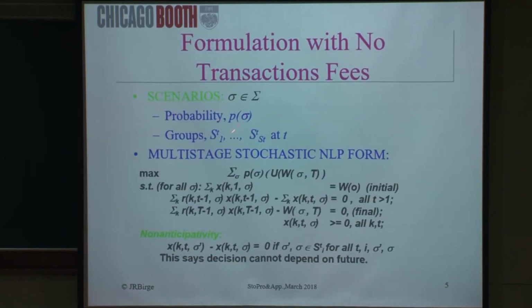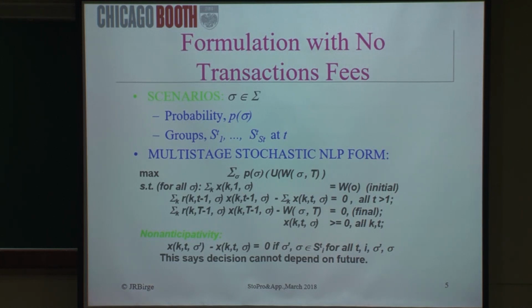I'll say each of these is a different scenario, and I'm indicating the scenarios by sigma. The little sigmas are in big sigma, which is the set of all scenarios. Each of those scenarios has a probability. This is the probability of each sample path of all those possible outcomes, the product of each of the different outcomes.